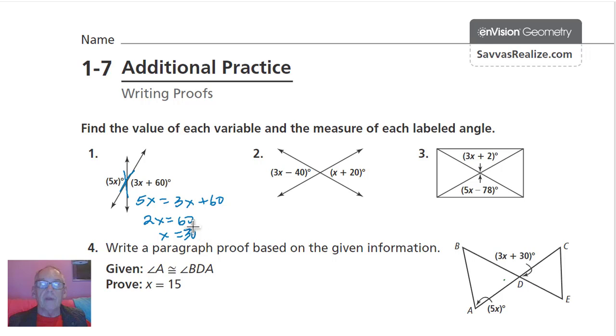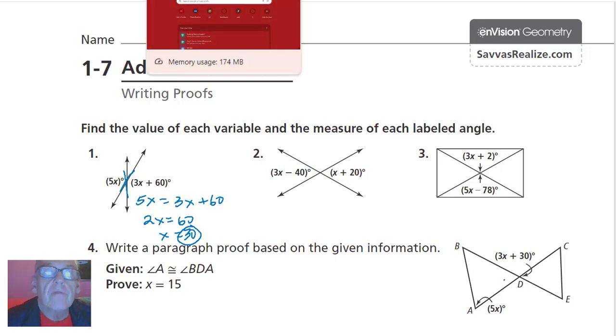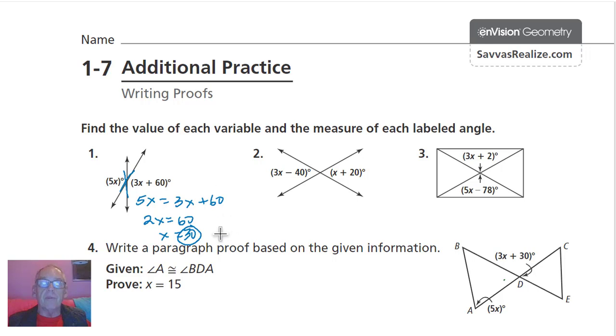So the measure of the angle is 5 times 30, or 150. If we check the other side, 3 times 30 is 90, plus 60 also gives us 150.